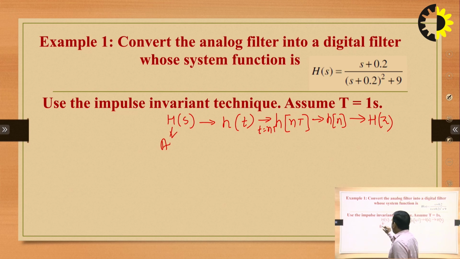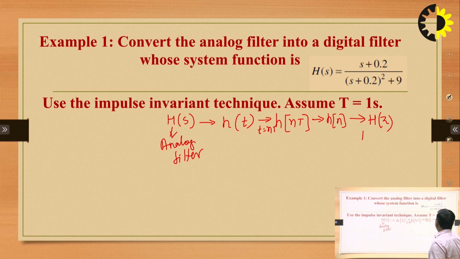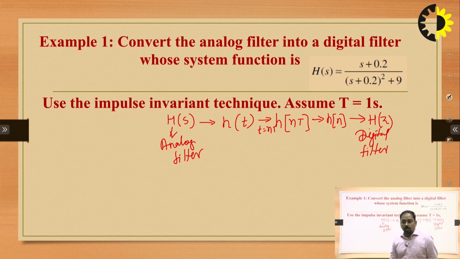This is the analog filter, and H(z) is the system function for the digital filter. So this is the whole basic process for designing an IIR filter using the impulse invariance transformation technique. So how can we start with this?